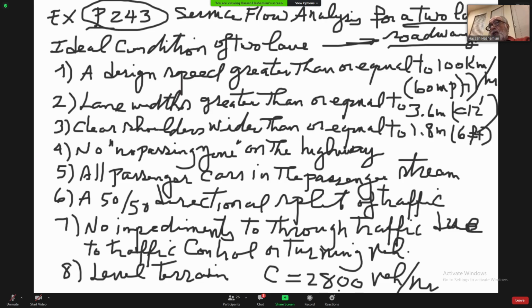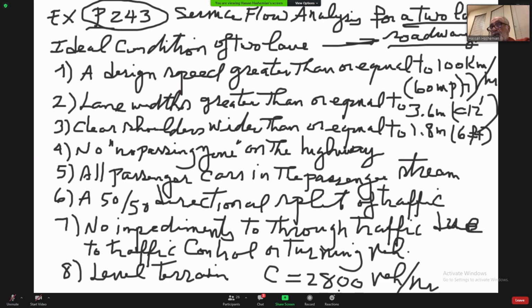For instance, if I ask what is the volume at level of service B, that's the service flow at level of service B. If I ask what's the volume at level of service C, that's the service flow at level of service C. Volume, you just count the number of cars passing a point, and we don't care about the level of service.